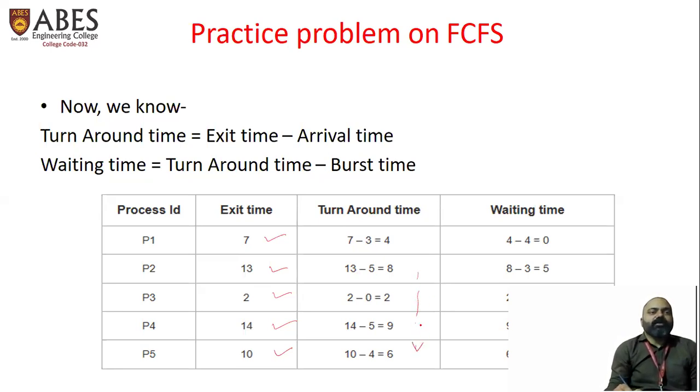After deducting arrival time, we will get individual turnaround time. And how do we get waiting time? We again subtract burst time from that turnaround time. This will give us the individual waiting time for all the processes.